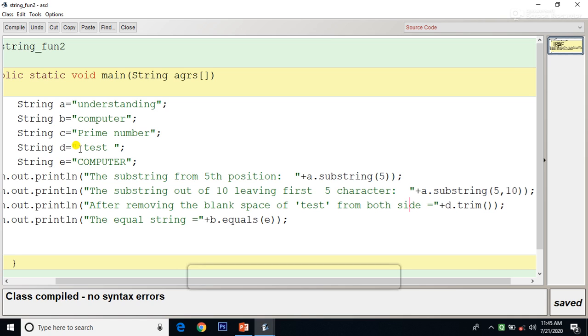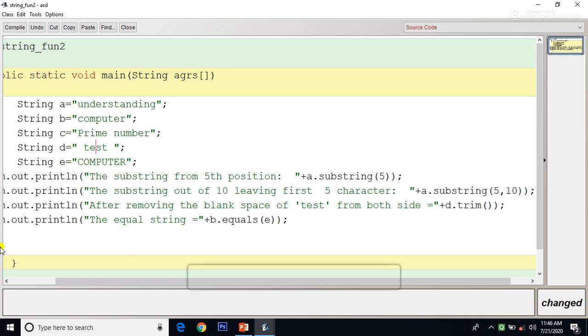Since in string variables a single blank space is also considered as one character. So trim function is used to remove the spaces from the left and right side, but it cannot remove them from the middle of the string.